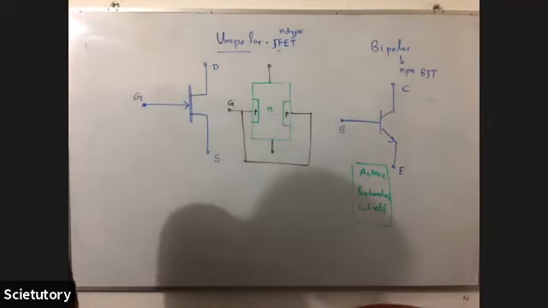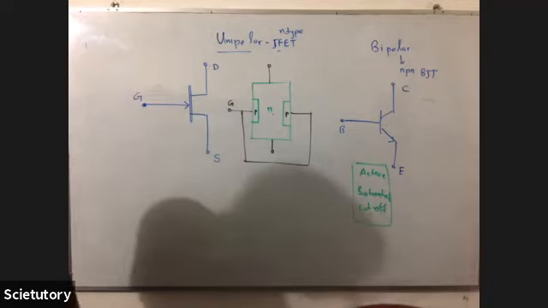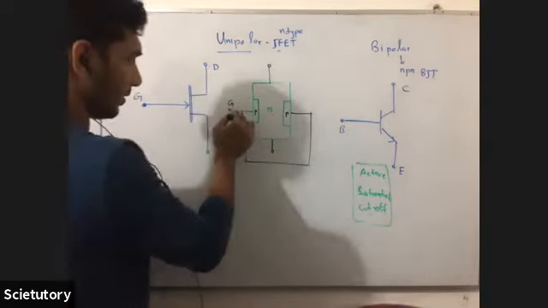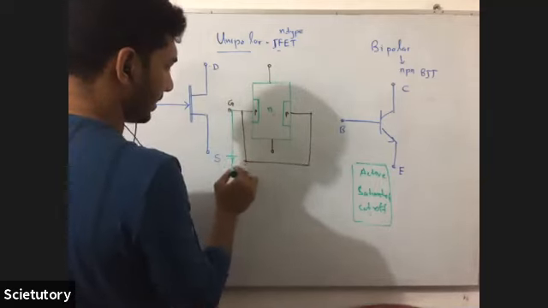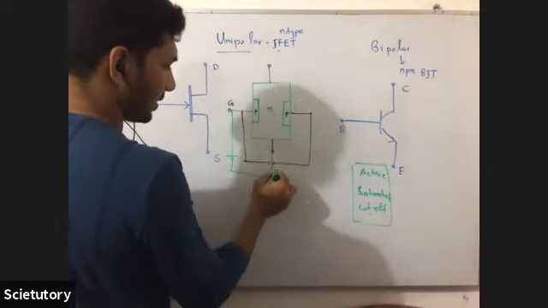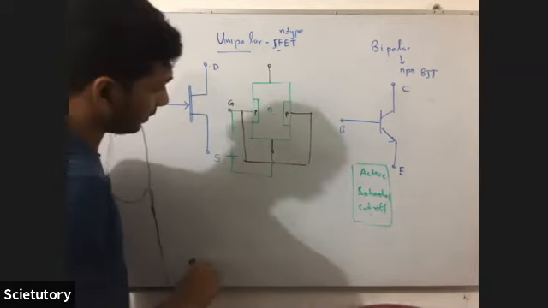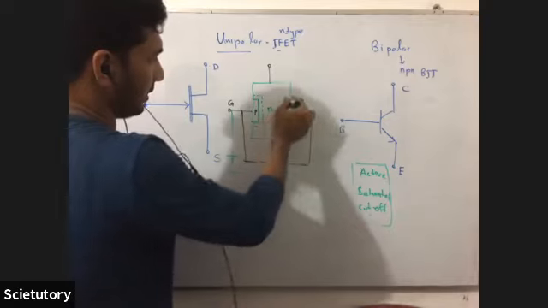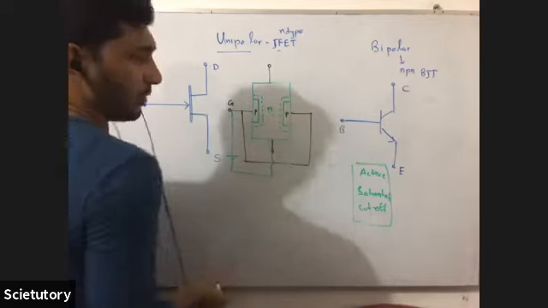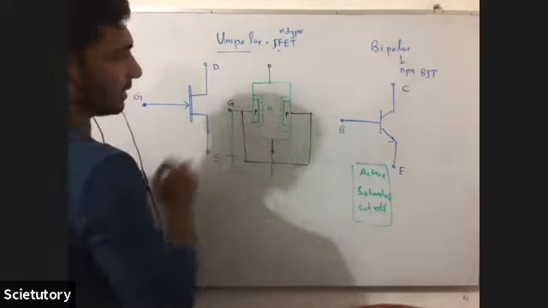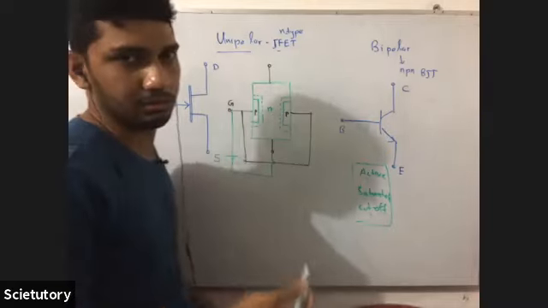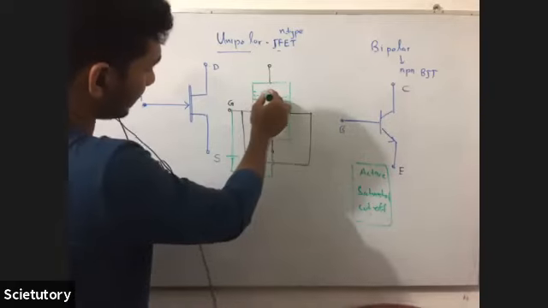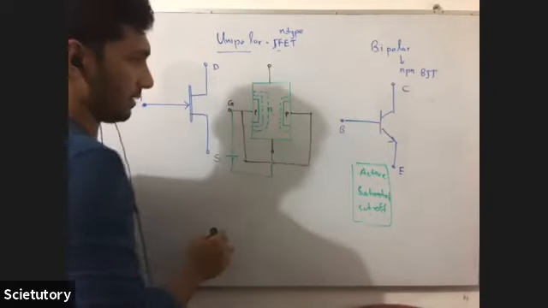In JFET, the gate source junction is reverse biased during operation. So here, the gate source junction always has something called VGS. Why do we reverse bias? There is a small depletion layer here. When you reverse bias, the thickness of the depletion layer becomes larger, so it will constrict the channel.